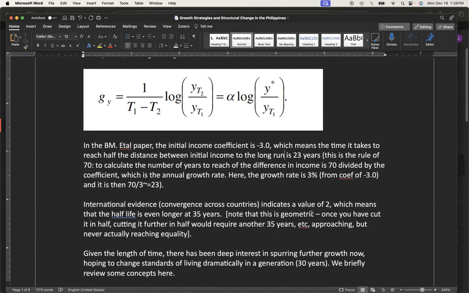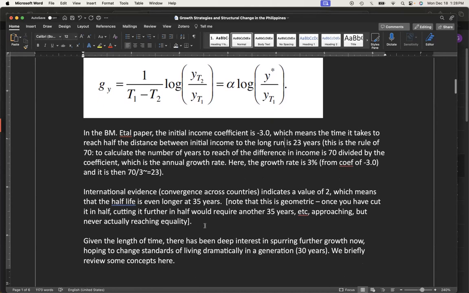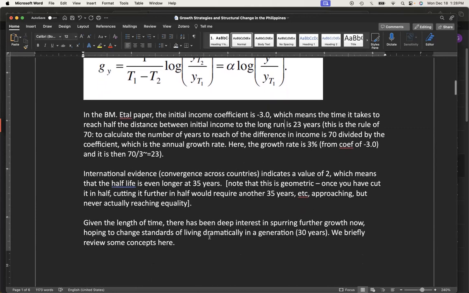You get closer, but you'll never actually get there. And the half-life is always 35 years, right? So it's pretty long. And again, convergence means that you're never actually going to get there because of the geometric argument.